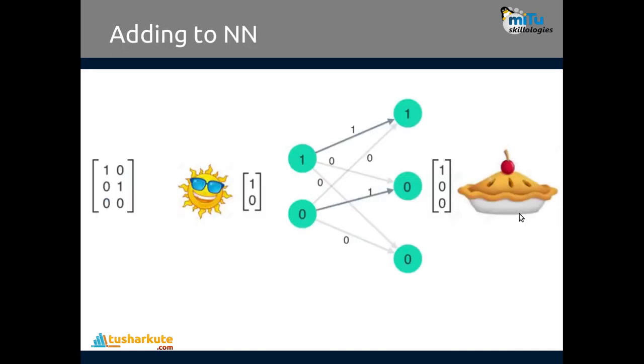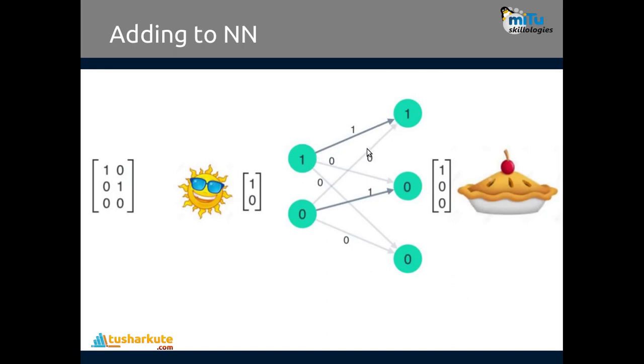Now if you try the same on the second, if I'm having 0 1 here, that is my outlook is rainy. So let's look at that. If I write 0 here, this will become 0.